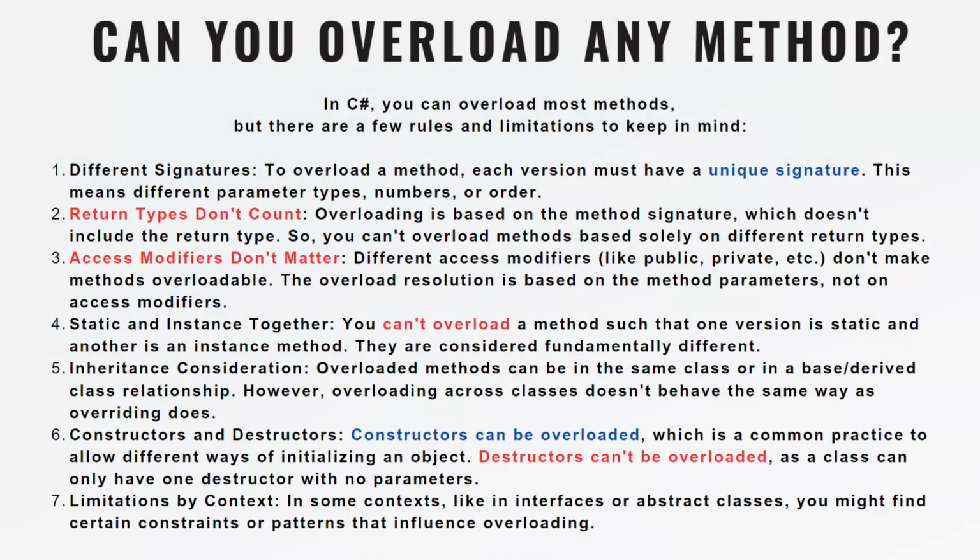And the same as overriding, can you overload any method in C#? Well, in C# you can actually overload most methods, but here are the rules that you need to keep in mind when doing that: each version must have a unique signature, the return types do not count, the access modifiers do not matter, and you cannot overload a method where one version is static and another one is an instance method.